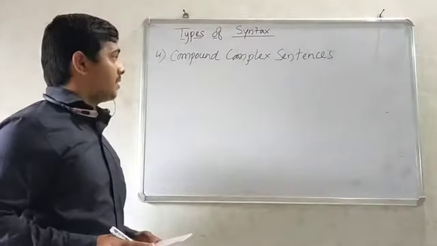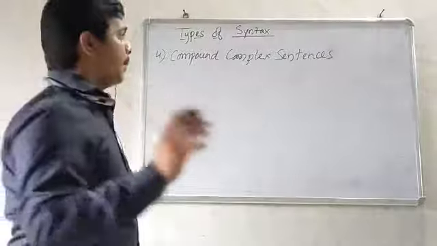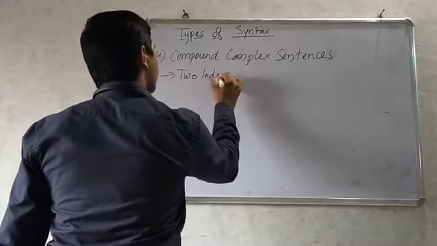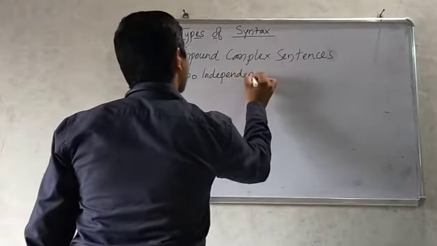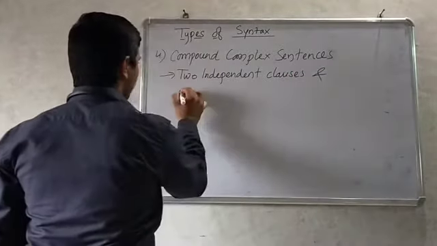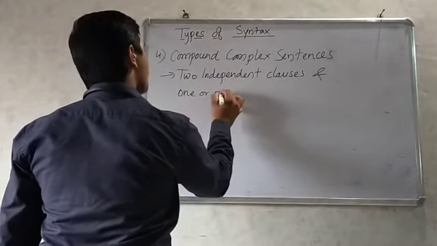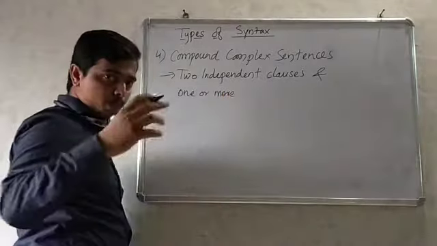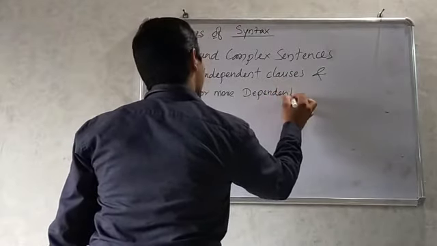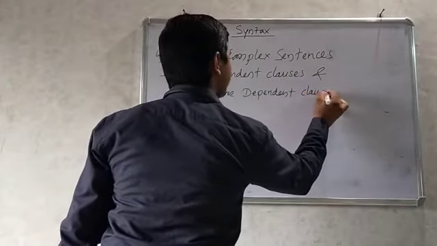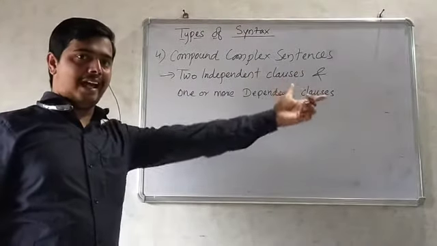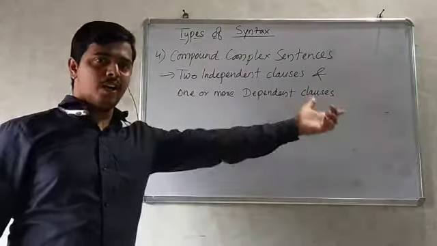In this type of sentence, there are two independent clauses and one or more dependent clauses.